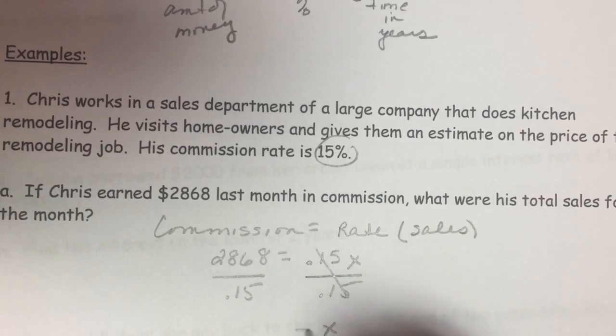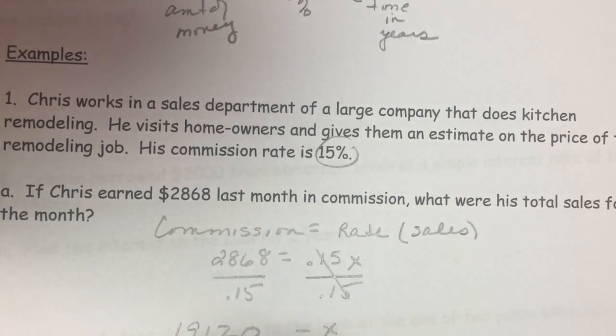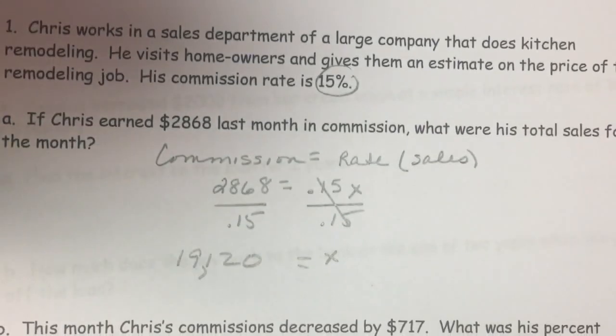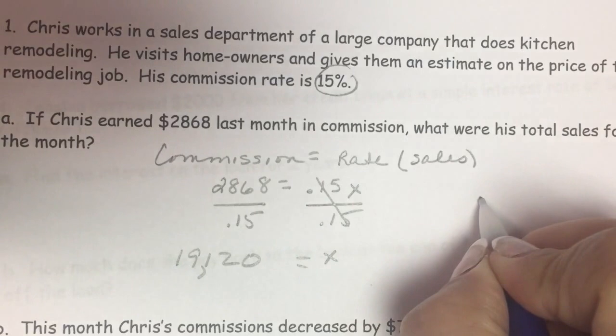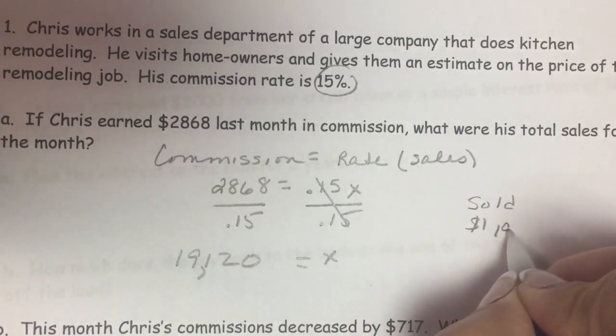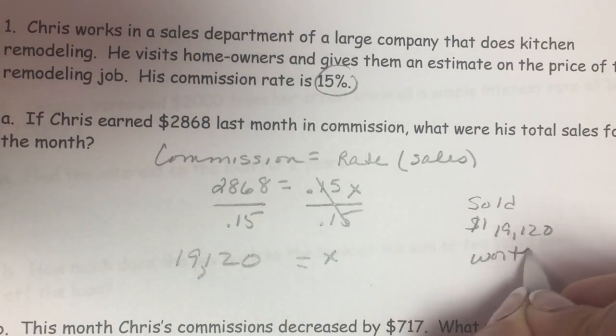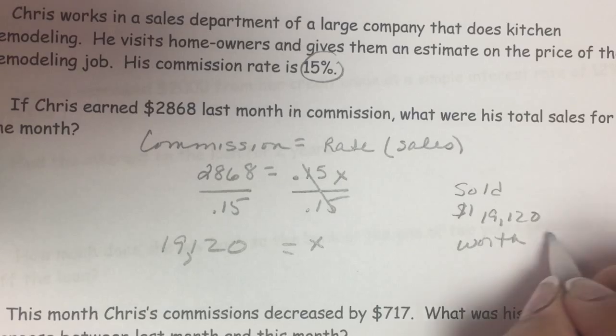These will cancel, and I'm going to use my calculator, and I'm going to do 2868 and divide it by 0.15. And if you do that, you get 19120. So what does that mean? It means his sales, he sold $19,120 worth of furniture, or worth of, what was it?